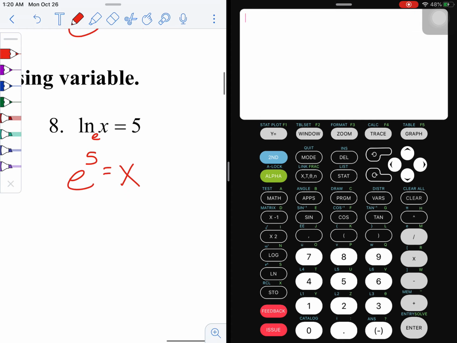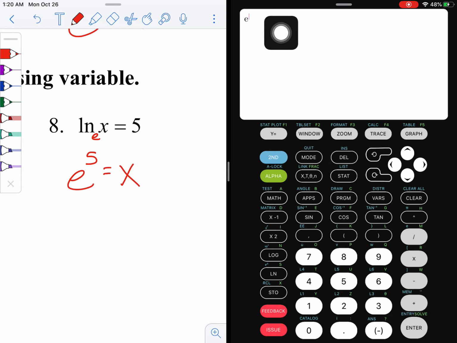Okay. So let's clear out what I have in this mess in the TI-84. So E is located right down here. So you've got your on button, ln, and log. And right here, in blue letters, it says e to the x. So I'm going to hit second and then ln. So second ln gives me the e.